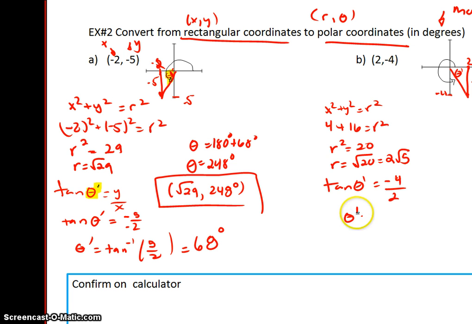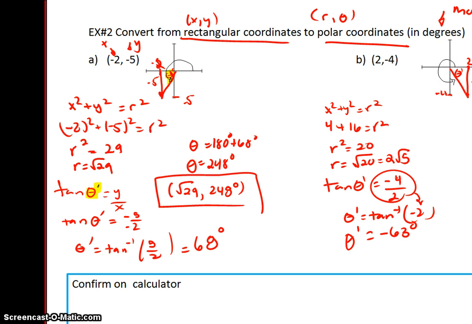So my theta prime is tangent inverse of -2, because this number is -2. Okay, and when we plug that in on the calculator, so you should still be in degree mode, tan inverse of -2 is -63 degrees.